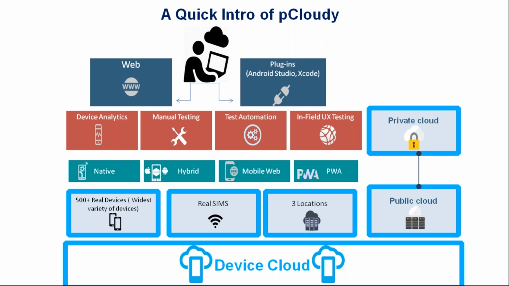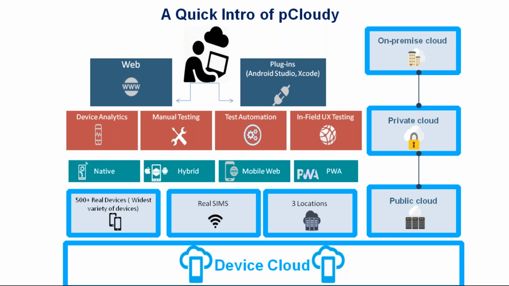The third offering which we have is the on-premise cloud. Now this is a further extension of private cloud. At times we have seen clients from different domains like banking, insurance, retail, or even healthcare. They do not want their application to go outside their premises. Neither do they want their applications to go outside their premises, nor do they want the devices to be available outside their premises. They want everything within their premises. They want to do the entire testing within their premises.